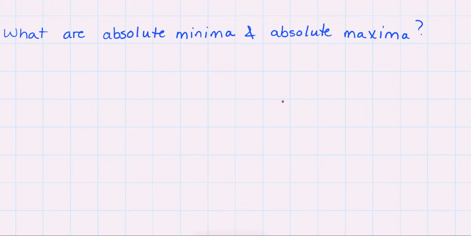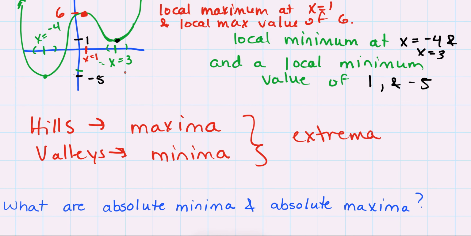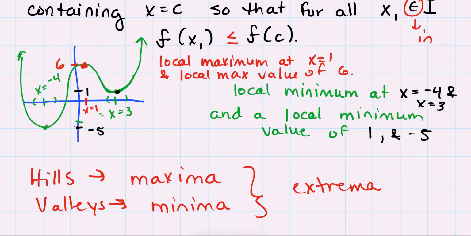Okay, I also want to give you a definition of an absolute maximum and an absolute minimum. So this is going to be similar. You're going to think of it as the tallest point on a graph and the lowest point on a graph. If we look at this picture here, notice that here I have a minimum and here I have a minimum.